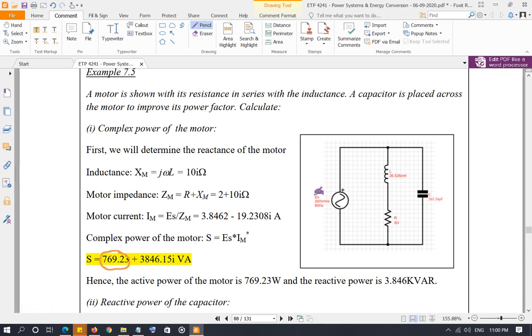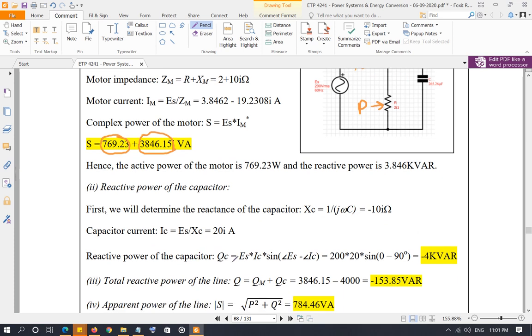So this is your active power of the motor, which is dissipated here, P, and this is your reactive power of the motor, not I. Make sure you don't put j, because reactive power is a real number. So 3.846 kilovolt ampere reactive is dissipated in L.